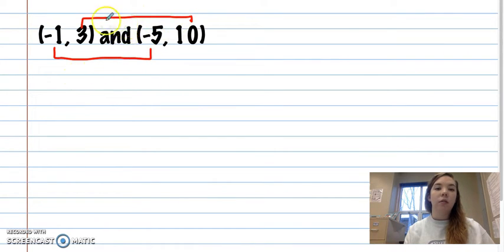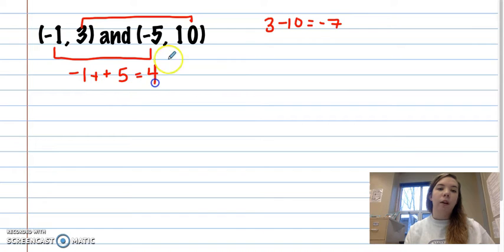And we're going to subtract. So up here you'd have 3 minus 10 is -7. Down here you have -1 minus -5. When you subtract a negative, you can add the opposite. So this is 4. And these are my 2 leg lengths.